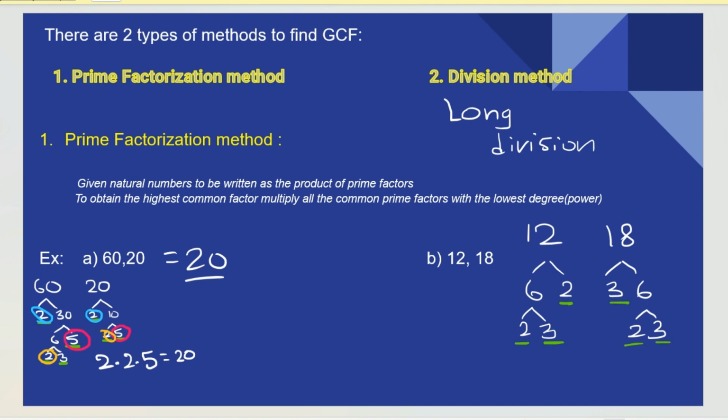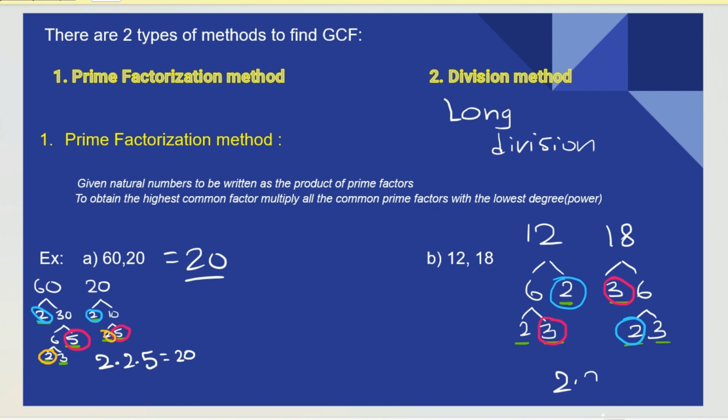So now let's see what's in common. There's a blue pair of 2. There's a pink pair of 3. And that's all that's common. The blue pair of 2 results in 1, 2.